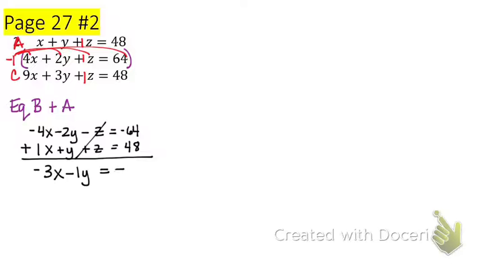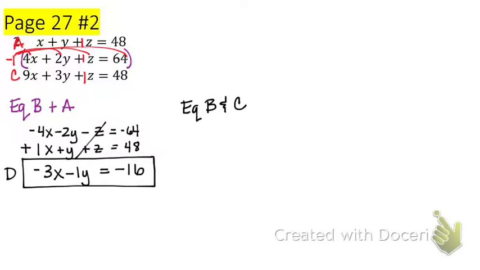All right, so I'm going to leave that here. I'm going to box that up. I'm going to call this equation D. And then I need to do that again. So the second time, we're going to add together equation B and C. So I'm going to rewrite this equation that I have right here, which is -4x minus 2y minus z equals -64.